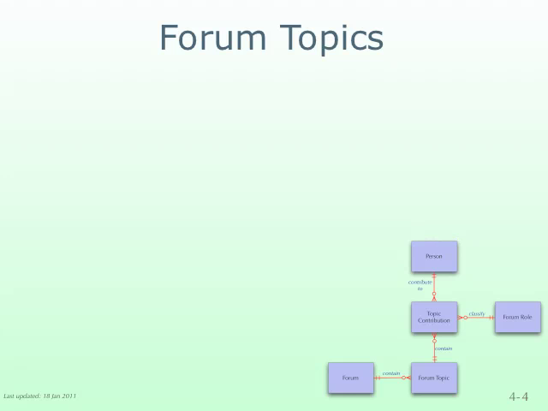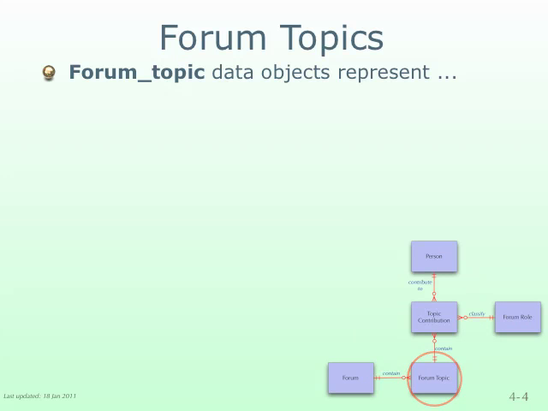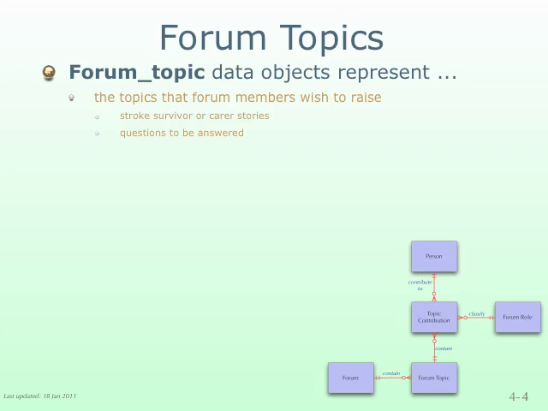To support this need, we have to define forum topic data objects to represent the topics that forum members wish to discuss, which may be stroke survivor or carer stories, questions that need to be answered, issues of concern that need to be addressed, or distributions of educational or training material.